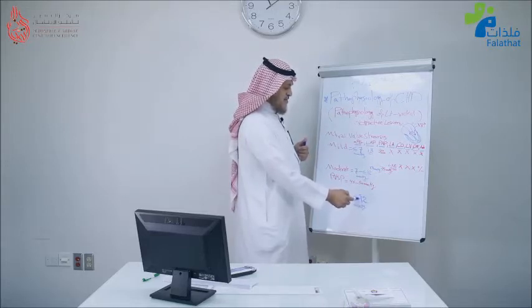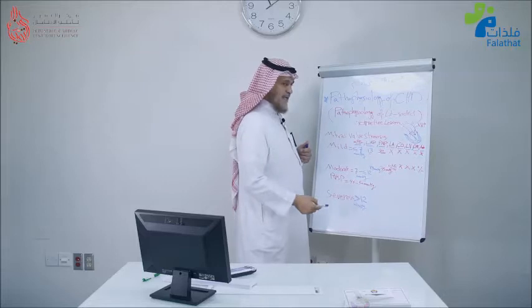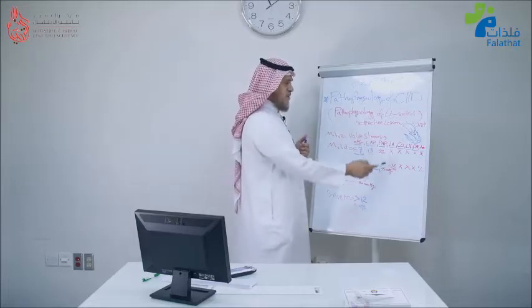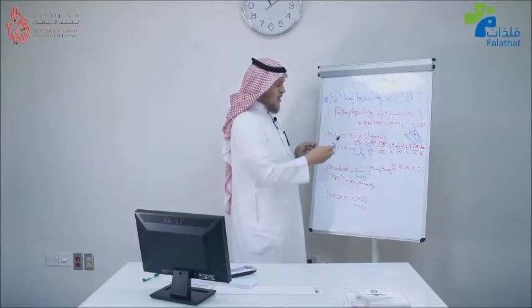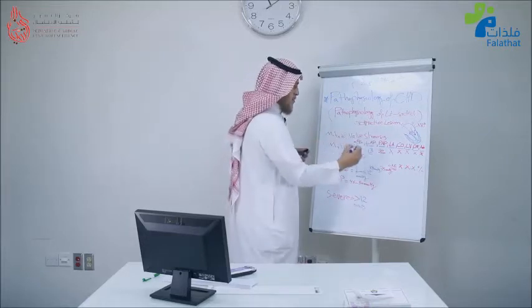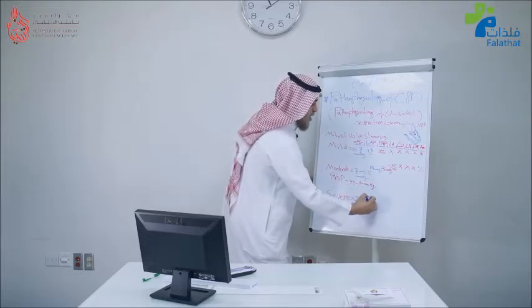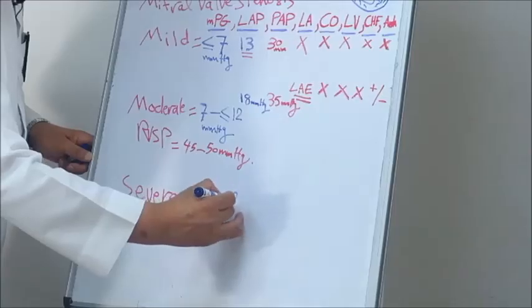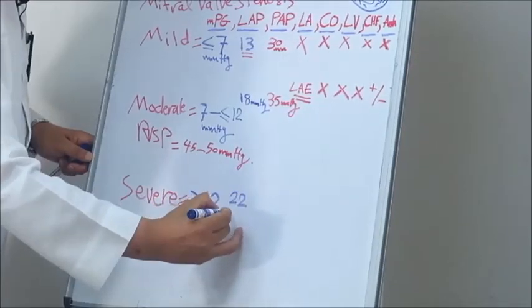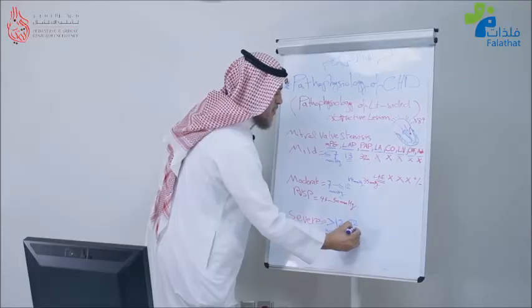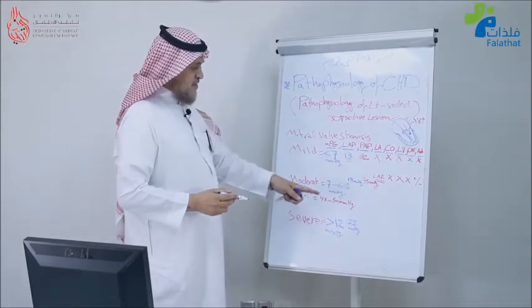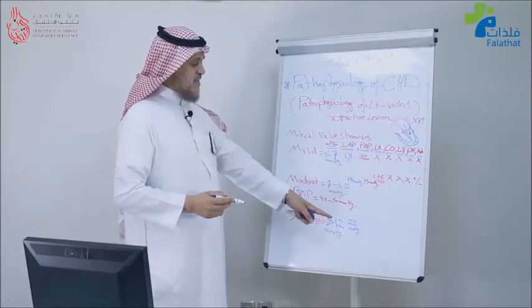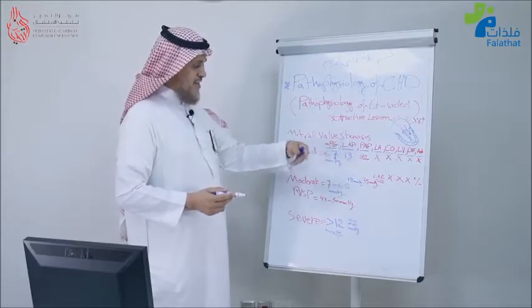If we say it's more than 12, probably we'll take a mean of 15. 15 plus the normal 6, we will probably start seeing a mean left atrial pressure of around 20 to 25, let's say it's 22, just for a number, millimeter mercury.